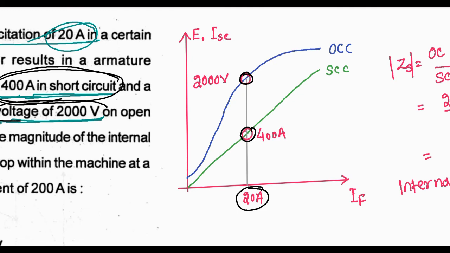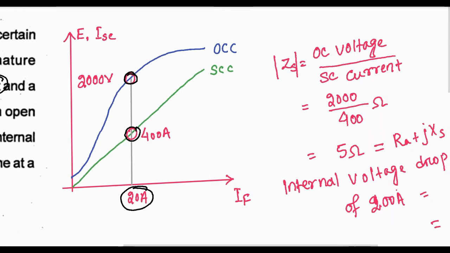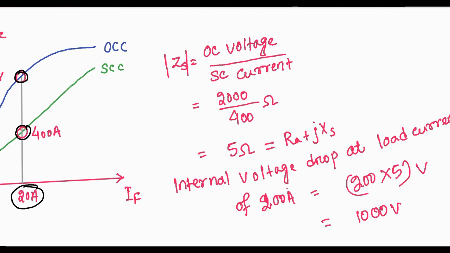So ZS, the synchronous impedance, will be the OC voltage by the SC current at constant field current. So this will be 2000 by 400, which is equal to 5 ohm. This is the magnitude. What will be the internal voltage drop at 200 load current?